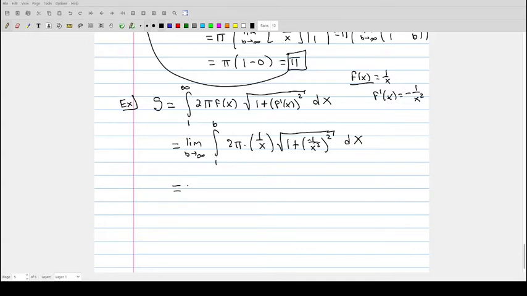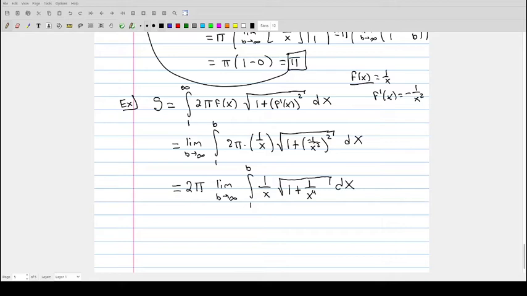So this is the same thing as 2 pi times the limit as b goes to infinity of the integral from 1 to b of 1 over x times the square root of 1 plus 1 over x squared, squared, which is 1 over x to the 4th, dx.